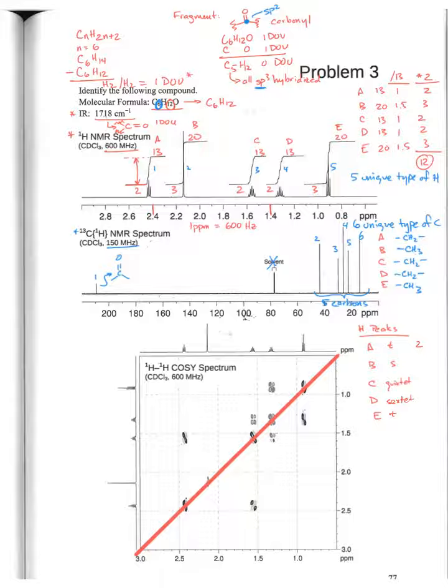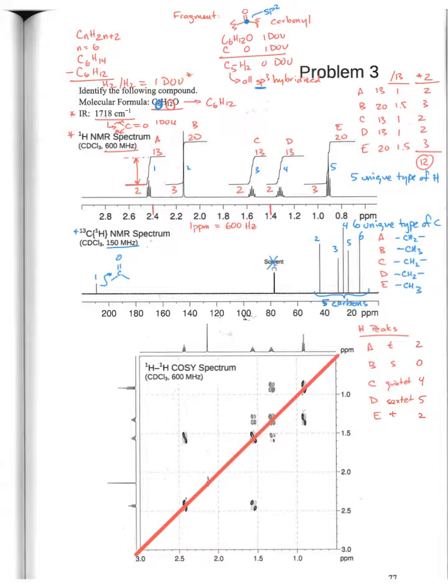B is a singlet. That means there's no neighbors, so 0 + 1 is a singlet. We're going to put 0 neighbors. Quintet is 5, so that has 4 neighbors. Sextet is 6, so that has 5 neighbors. And again, a triplet has 2 neighbors. So that's going to help us piece these fragments together.